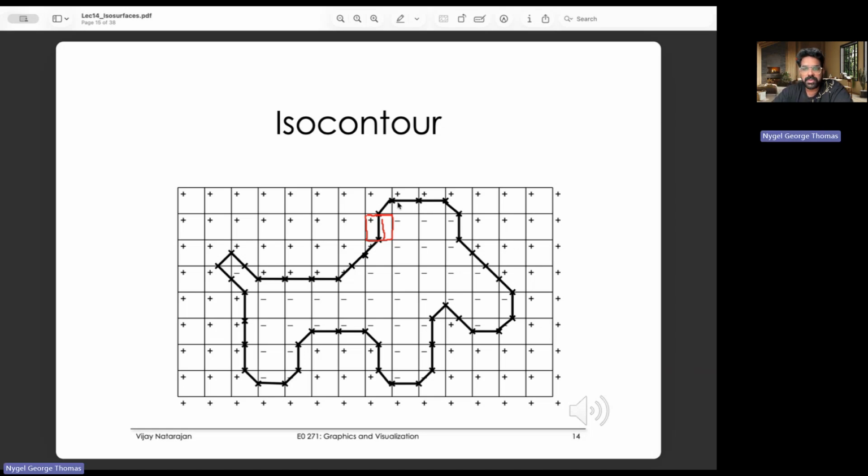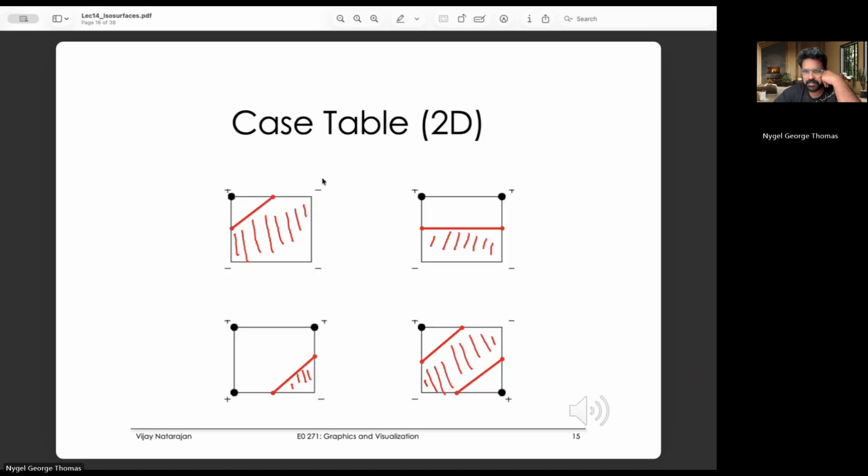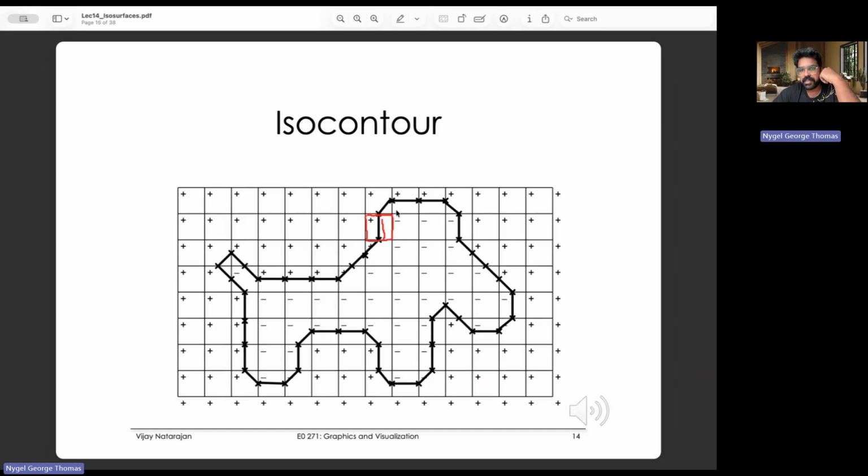So if you have a 2D grid, let's look at a single cell. This is a single grid of this big larger picture. This is like all these grids we have together.